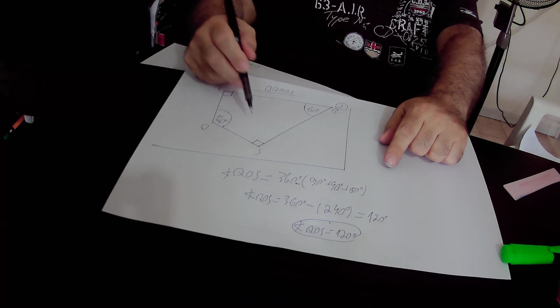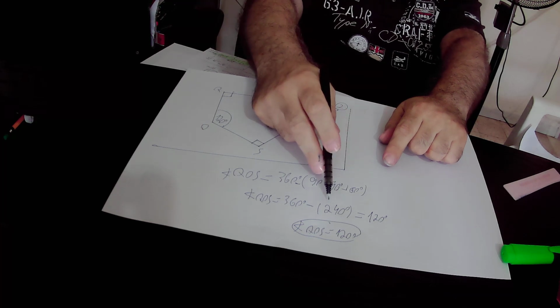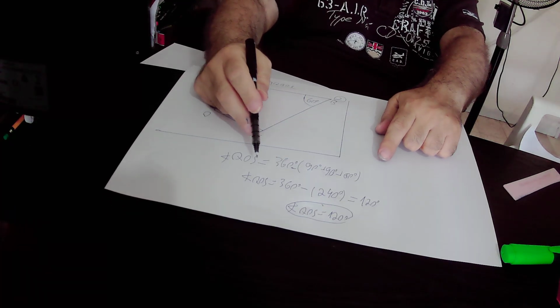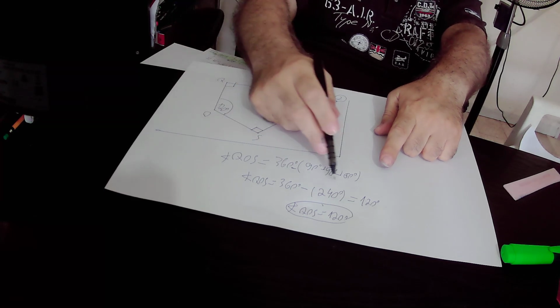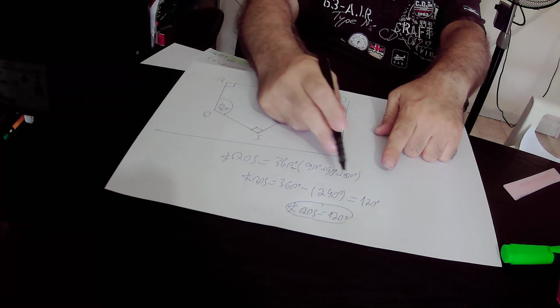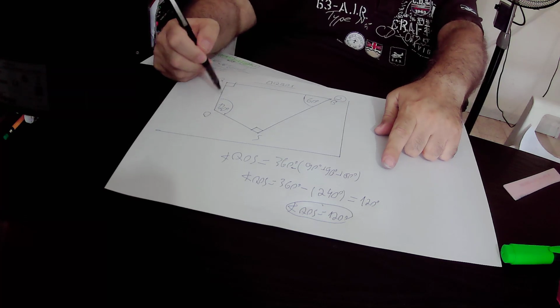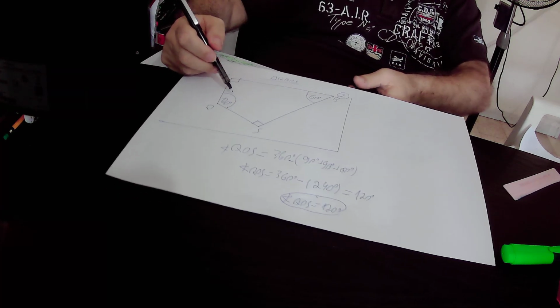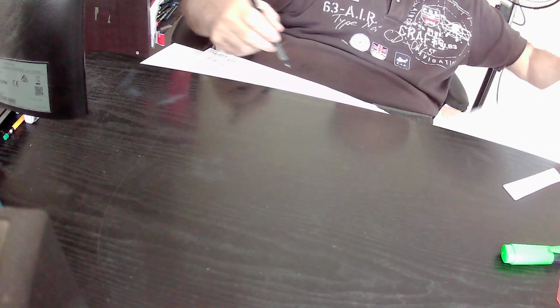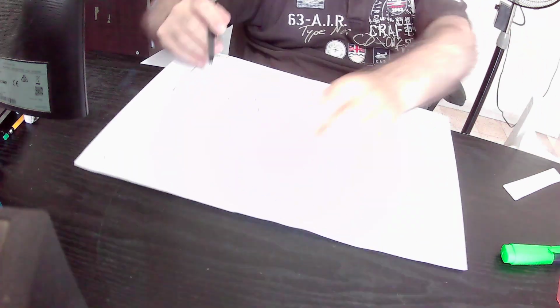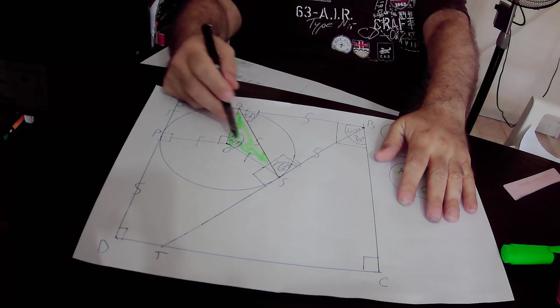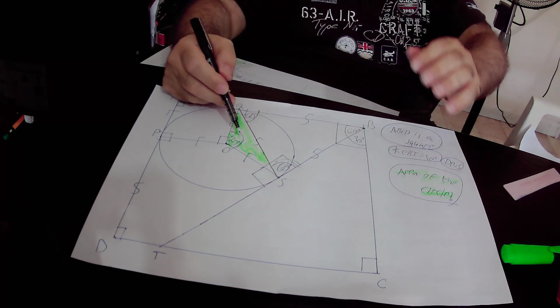That is 90 degrees plus 90 degrees plus 60 degrees, that is 240 degrees. So in conclusion, the value of the missing angle is 360 degrees minus 240 degrees, that is 120 degrees. Angle SOQ equals 120 degrees.